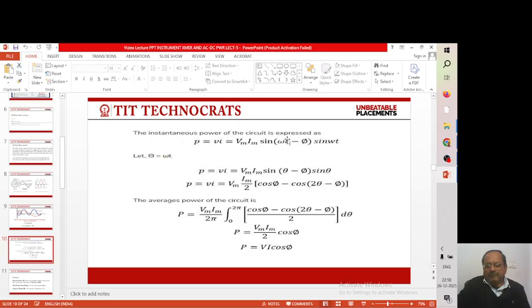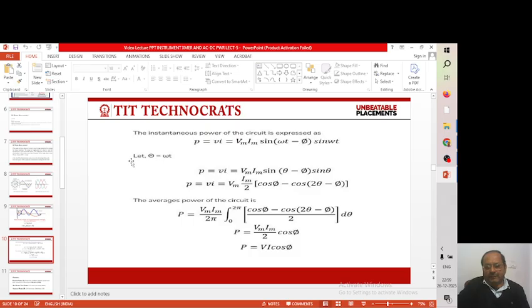The instantaneous power of the circuit is expressed as power equal to the product of V into I. On the last page we have seen V equal to Vm sin omega t and I is Im sin (omega t minus phi). Phi is the angle between voltage and current.